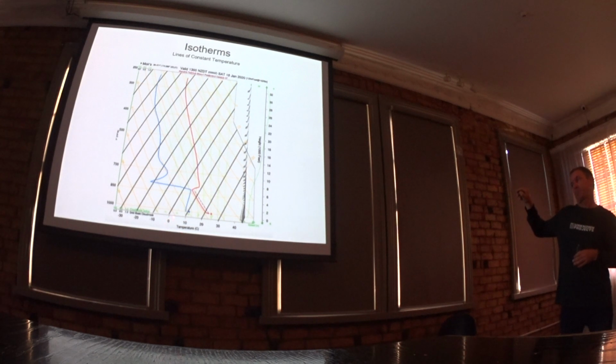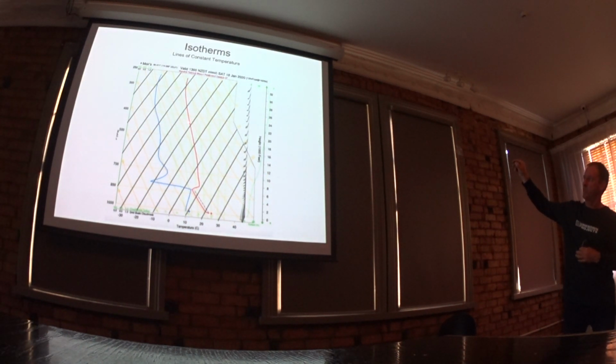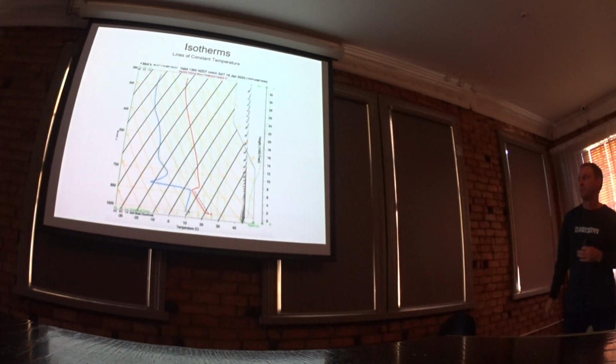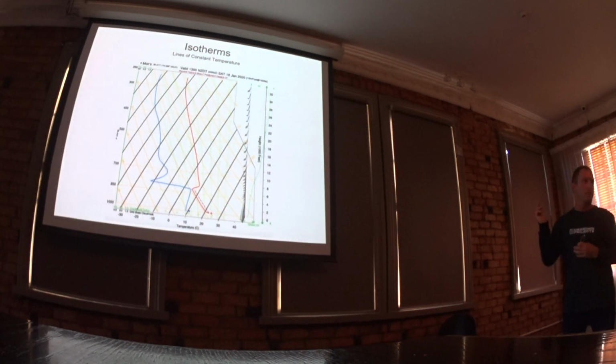And if you want freezing level, find 0 degrees down the bottom, run up the black line till you get to the red temperature line, come across, and its freezing point is just under 12,000 feet. Any point you want to find the temperature on this red line, if you want to find it here, at 24,000 feet, just run down parallel to the black lines and you get minus 28 degrees. So those are the isotherms.